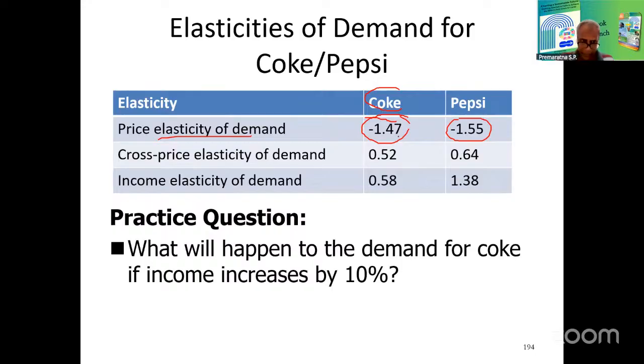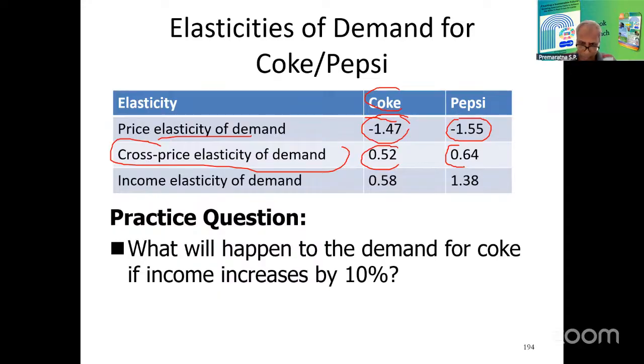Think of that. And let's say you have measured the cross price elasticity also. Here 52 and 64. It's positive. If it is positive, like we explained before, these two goods are definitely substitutes.